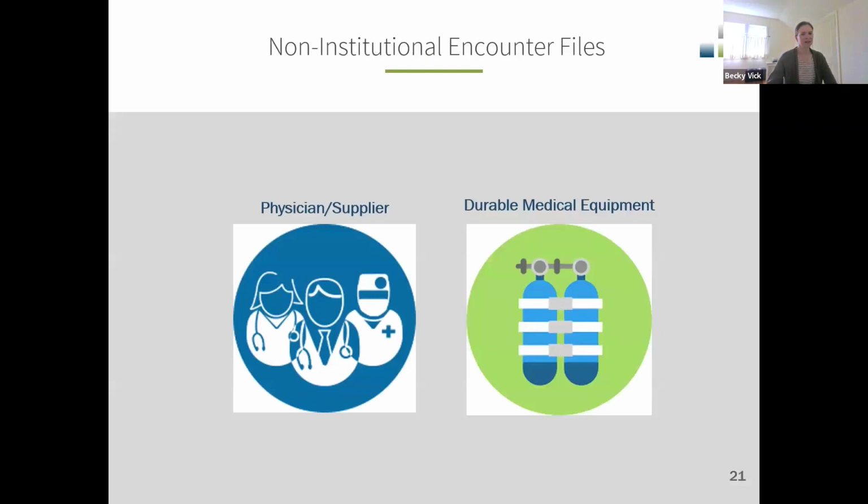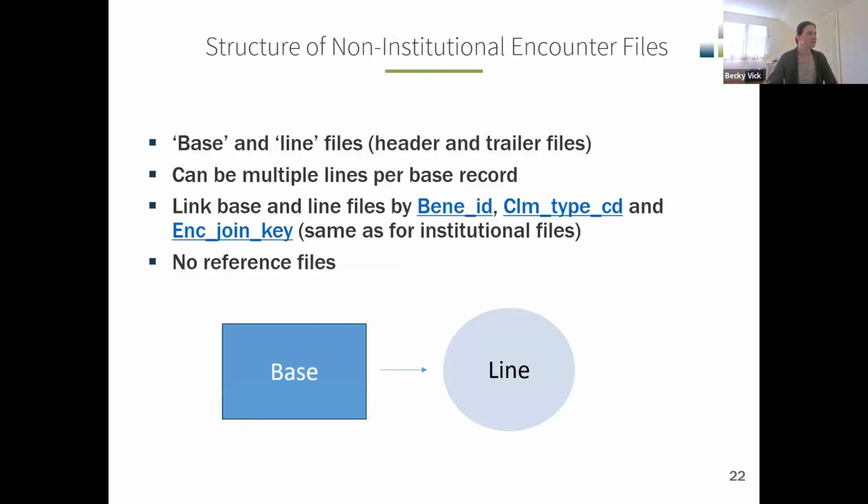Okay, now I just want to give you a taste of the non-institutional encounter files. There are two of those: the physician or supplier file, which is called the carrier file, and the durable medical equipment file, or DME file. The structure of the non-institutional files is the same as institutional, where there's a base file and a trailer file, or in this case it's called a line file, not a revenue center file.